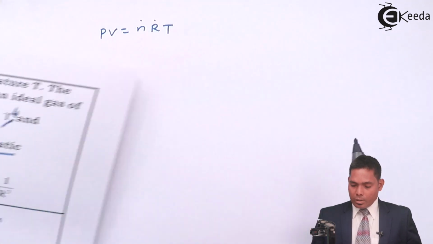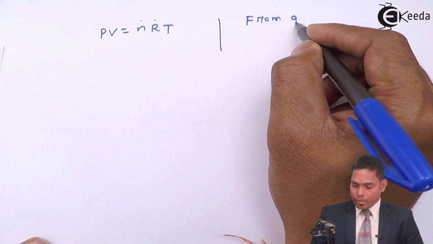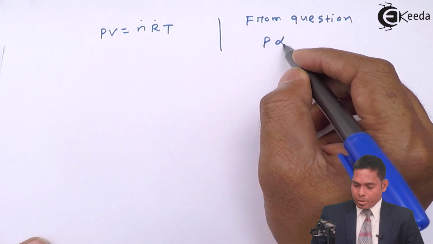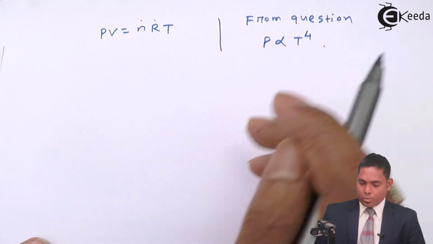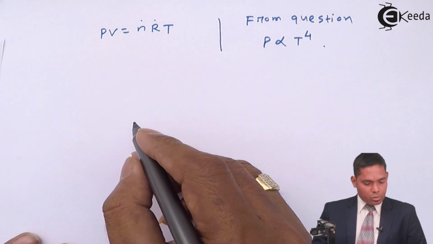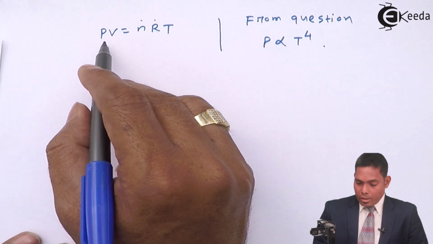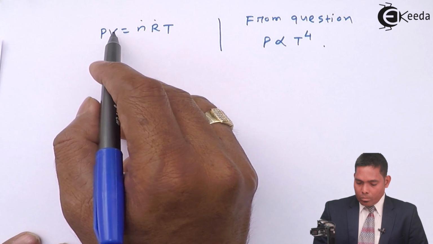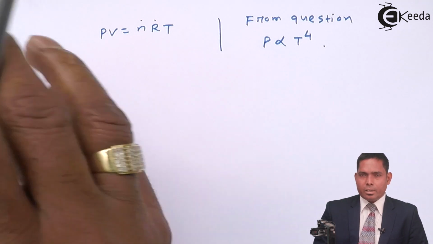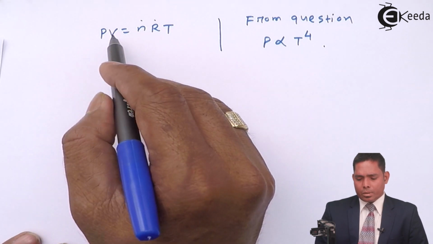So one equation I got from the question is P proportional to T raised to 4. Now the volume of a sphere: inside the sphere we have gas, and the volume of the gas is equal to the volume of the sphere.